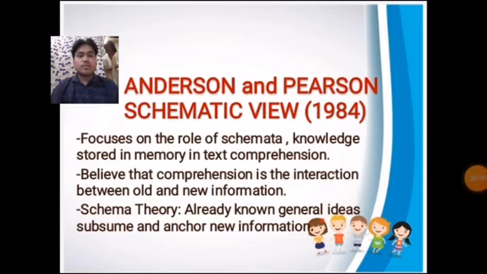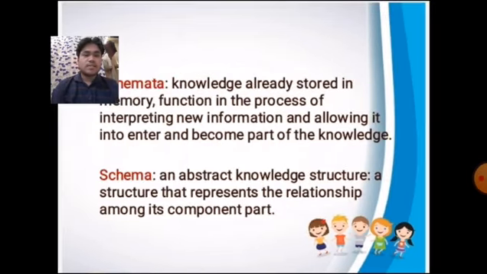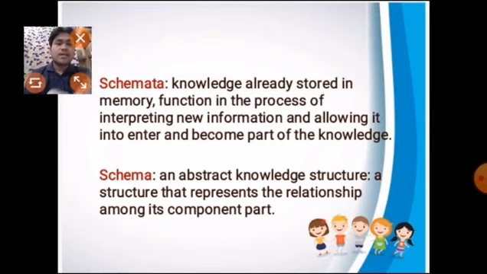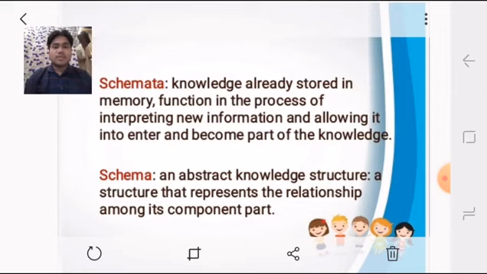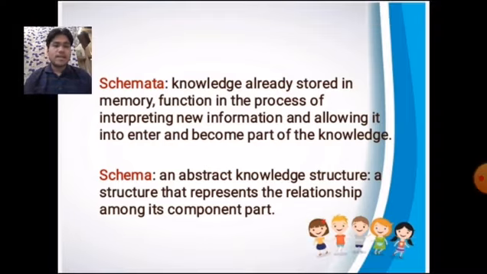And now let us know what is schema and the difference between it and schemata. Schemata is knowledge already stored in memory that functions in the process of interacting with new information and allowing it to enter and become part of the knowledge.